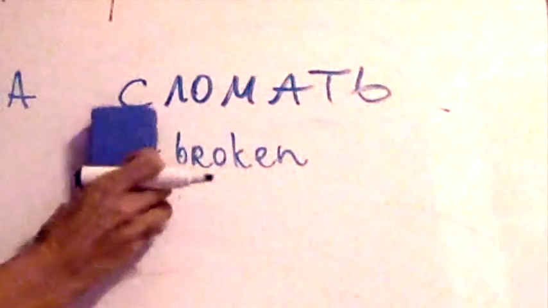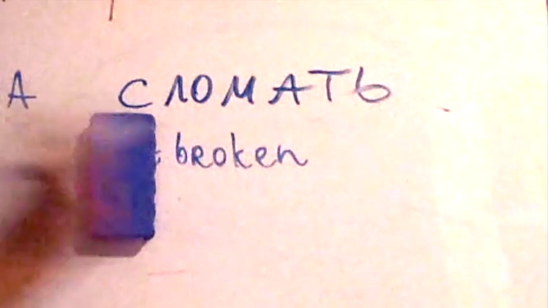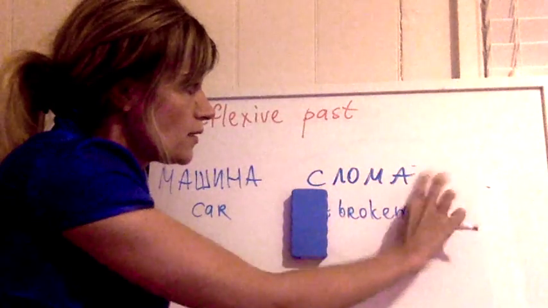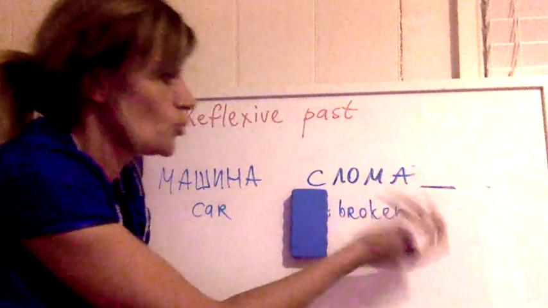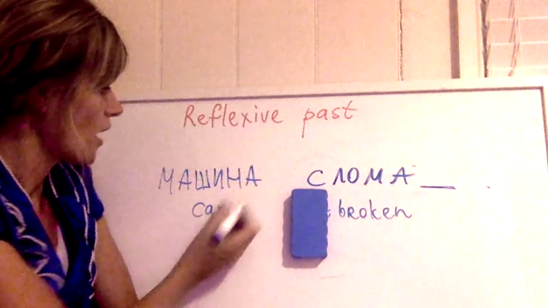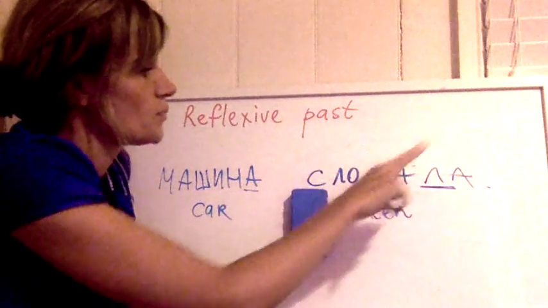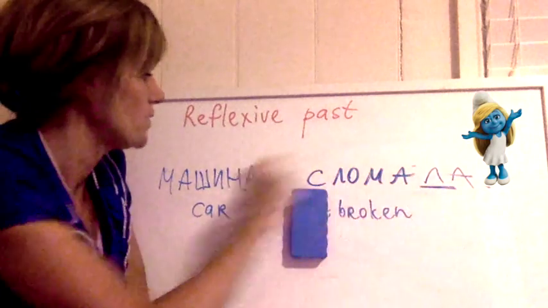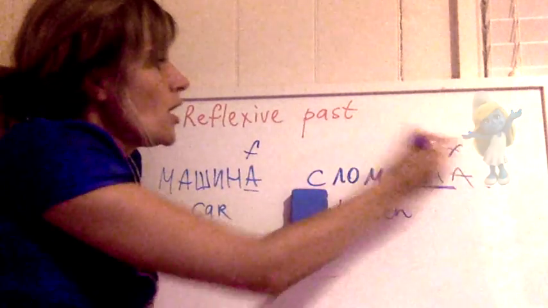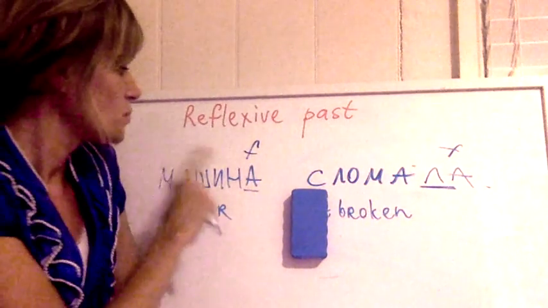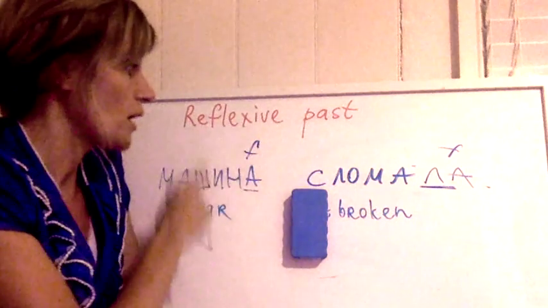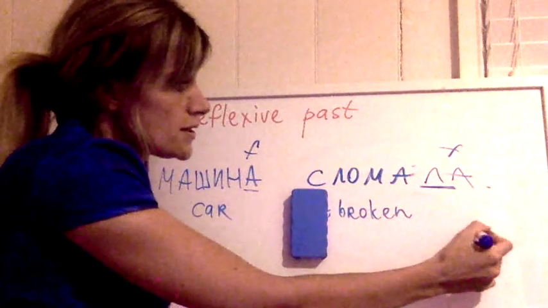So we're going to leave it for a moment. Broken. Слома. And then it depends on what is broken. Машина, car, is a feminine gender, so ла. Сломала. Ла, а, feminine.